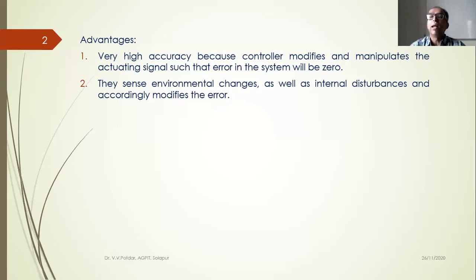But in addition to that, even if there are environmental changes, the ambient conditions have changed, that also your closed loop system will take care of and accordingly modify the controller output so that the desired output is maintained. If you take the case of the room heating system we discussed in the last class, if the outside temperature is sub-zero temperature, the inside room temperature is maintained at maybe around 20-25 degrees Celsius.